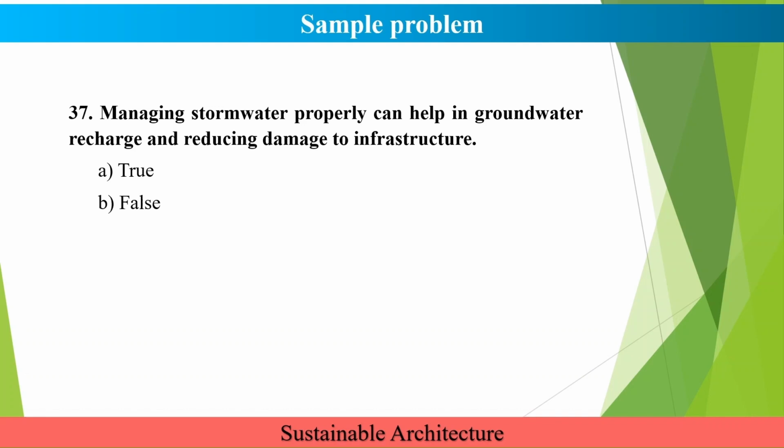So this question is also, I think, clear. So, 2 is the right answer for this question. That is, proper stormwater management can help to recharge the groundwater. How? By allowing the water to percolate into the soil and also reduce damage to infrastructure by preventing flooding. So, it is clear.